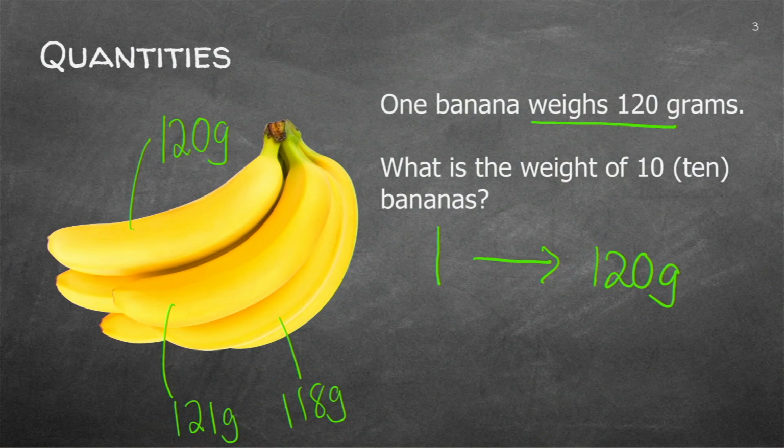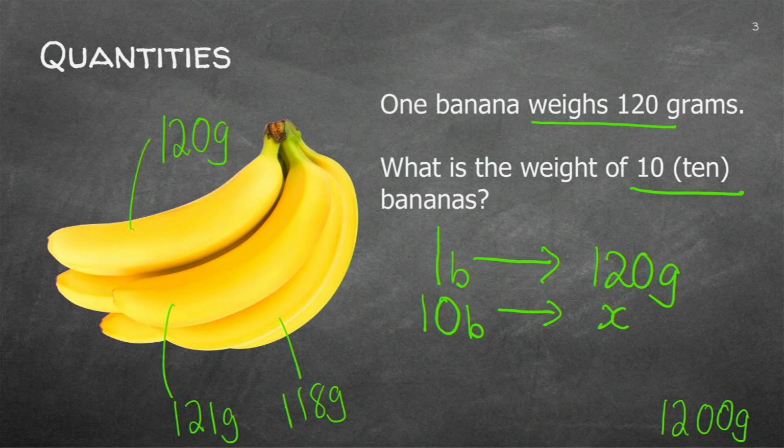The question put to me: what is the weight of 10 bananas? I'm sure you could say 10 times 120 would give me 1,200 grams. What I want to explain is how you got to that. If one banana weighs 120 grams, what will 10 bananas weigh? You would put that down as x.